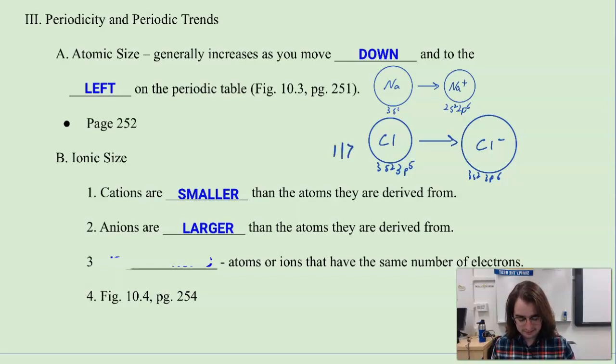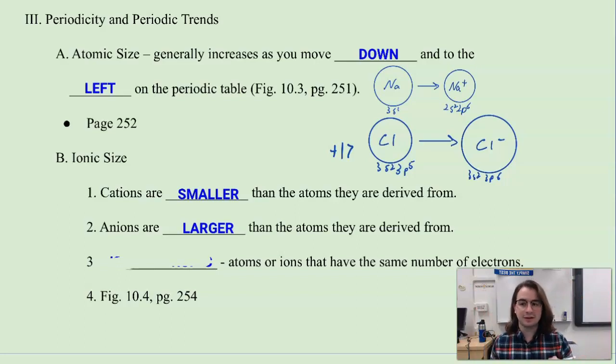It has a plus 17. All of those protons are attracting the electrons around it. In regular chlorine, it's a 1-to-1 ratio from electron to proton. So the protons pull those electrons towards the middle pretty well.